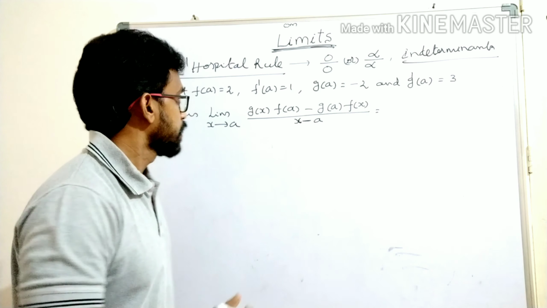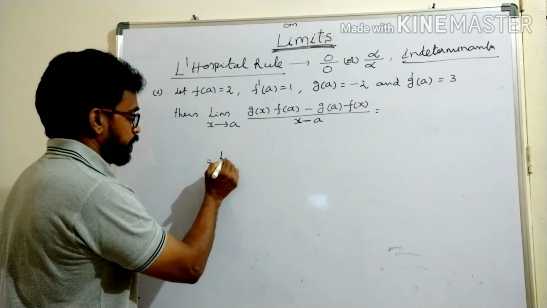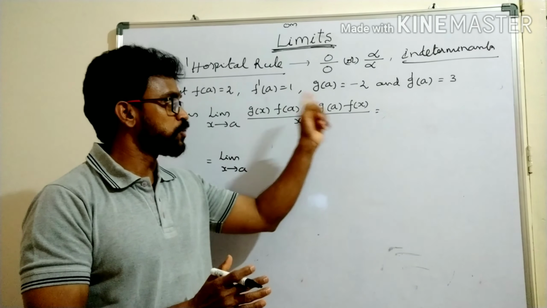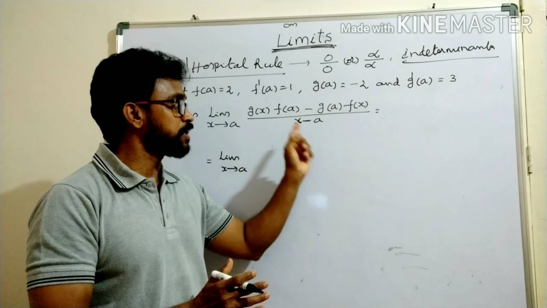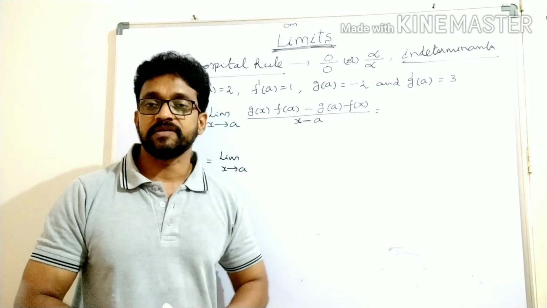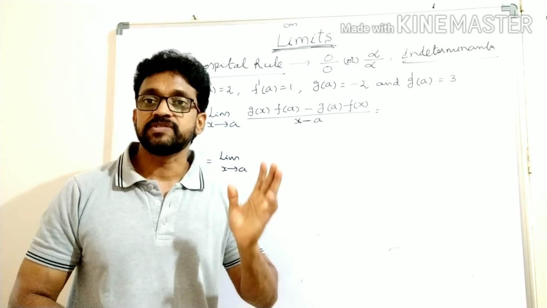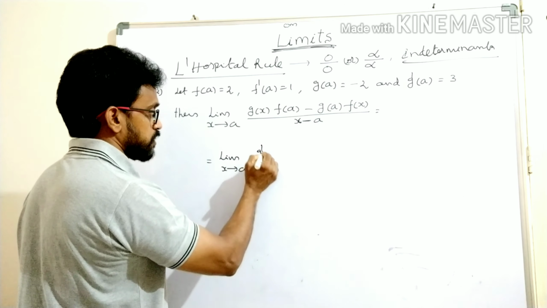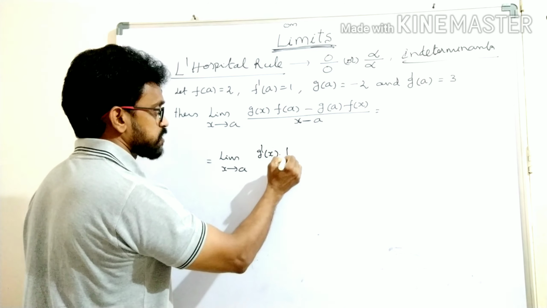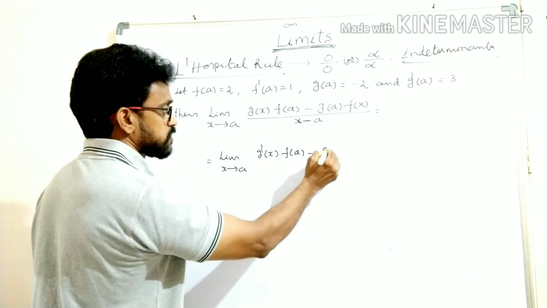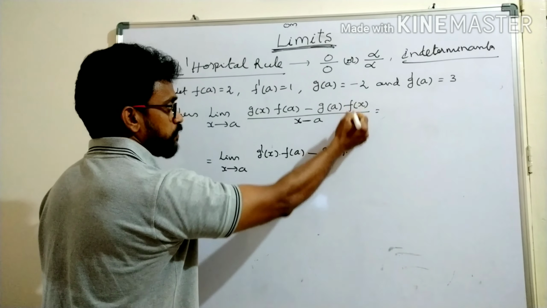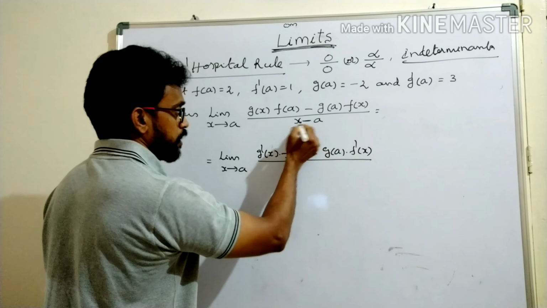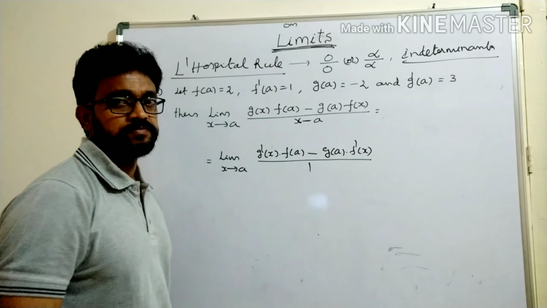That's why, the simple method here: in the limit x tends to a, we should differentiate numerator and denominator separately, using the differentiation concept. Now the derivative of g of x is g dash of x into constant f of a, and the derivative of f of x is f dash of x, divided by the derivative of x minus a, which is 1.